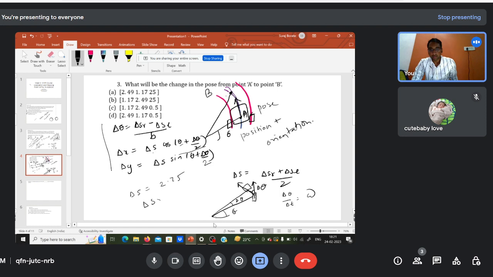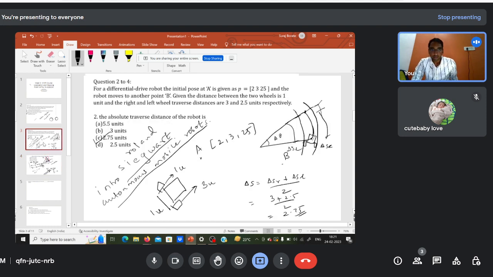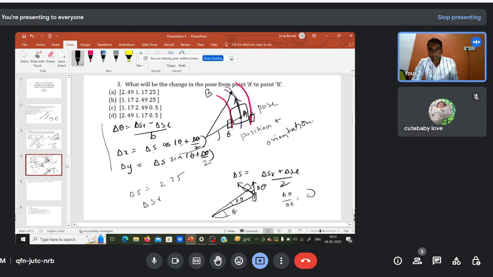Delta SR was given as 3. Delta SL was 1. Right. So B is 1, the distance between the left and right wheel. You substitute the values here. You should get the value of delta X and delta Y.